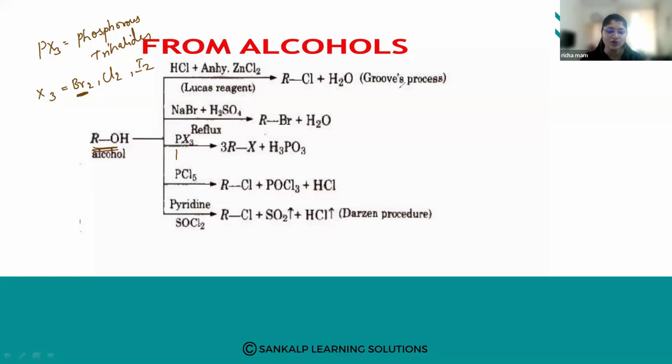So which alcohol shall I take? I'll take ethyl alcohol, and I'll take chloro only, then it will be easy for us. So let me take phosphorus trichloride. Generally we make use of phosphorus trichloride. What will be the product obtained, students?